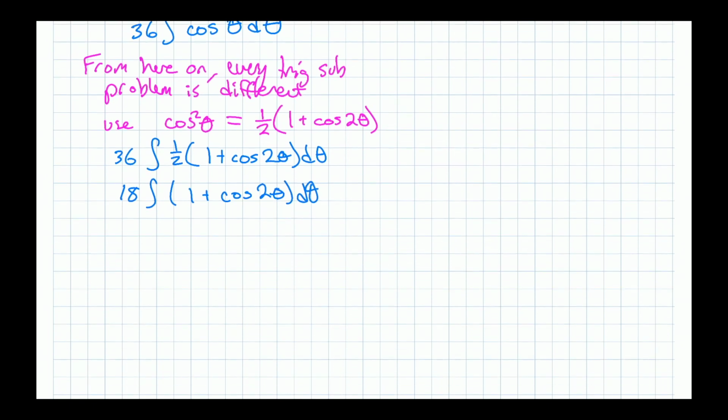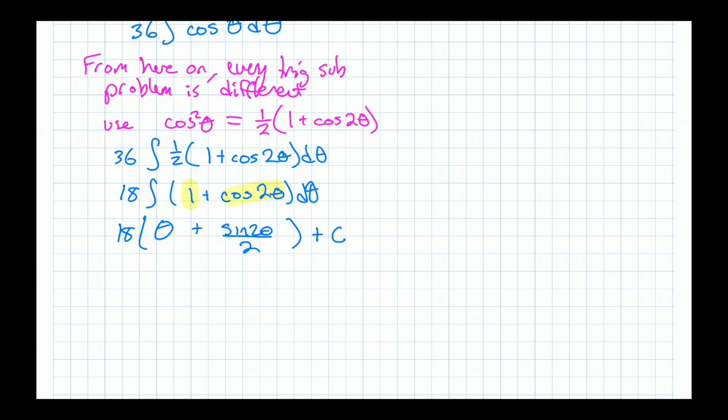Now this is an easy integral, so you integrate it using normal integration rules. The antiderivative of 1 d theta is theta, and the antiderivative of cosine 2 theta is sine 2 theta over 2. Then we have a plus C.